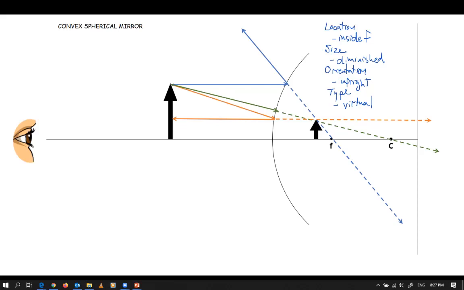Those 3 should be enough, but if you're unsure, we can always go through the pole and then bounce straight back out. When you do that, angle of incidence equals angle of reflection, and you have a 4th ray. You could even do that here with our convex spherical mirror. I won't do it today, but you get the concept. You still would have to backtrace with it, but you get the idea.